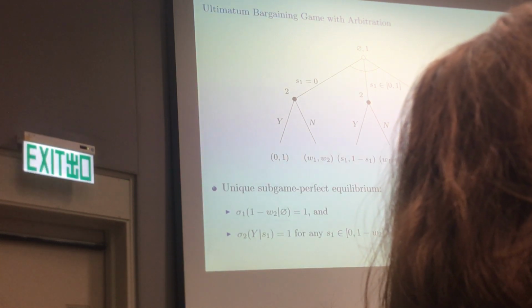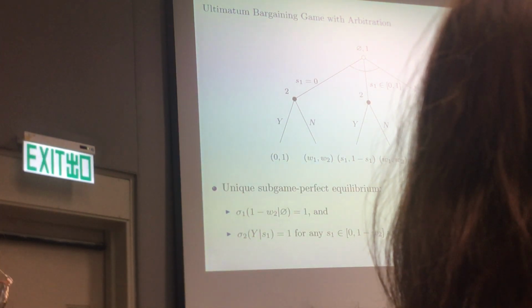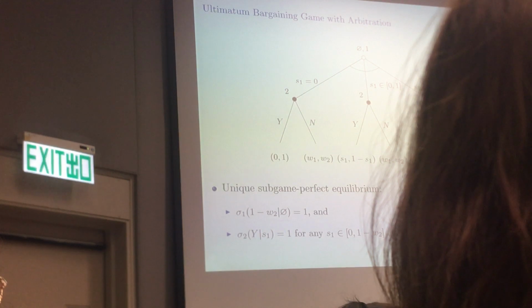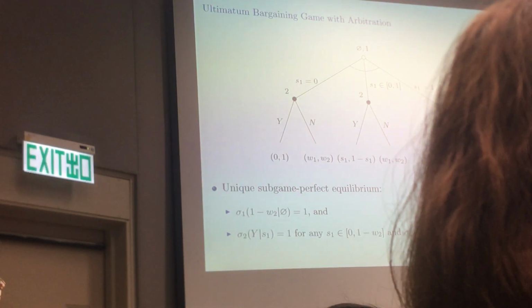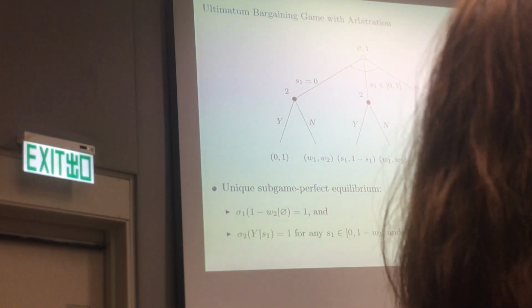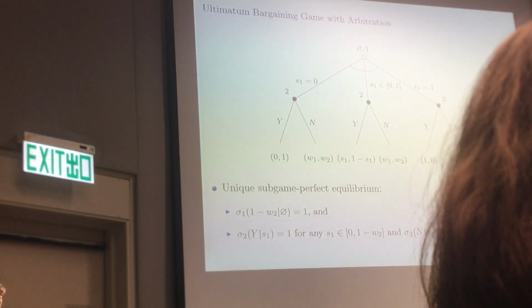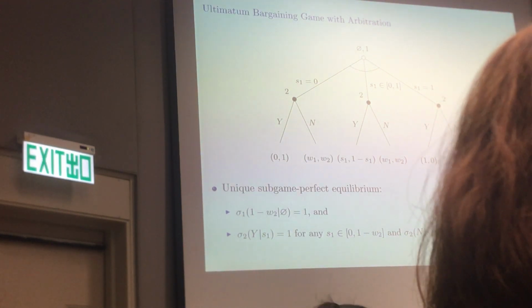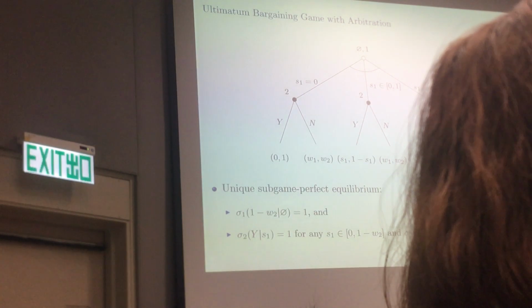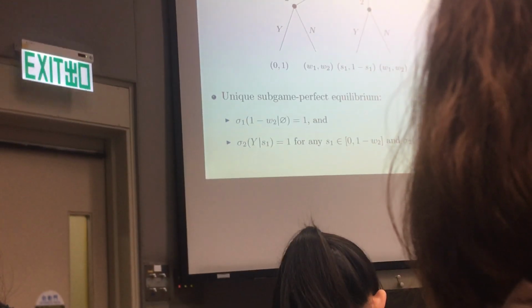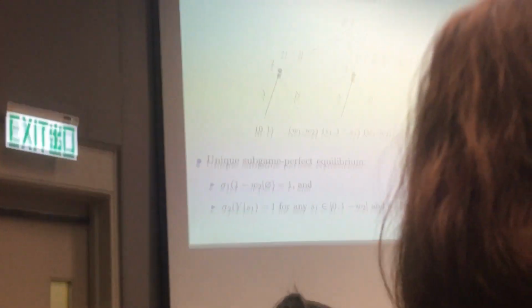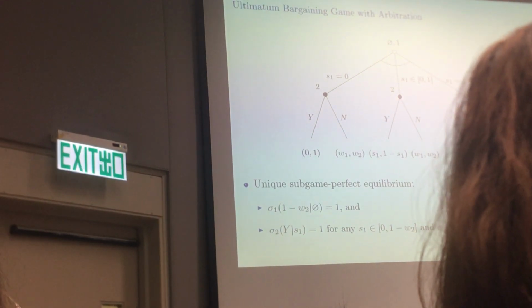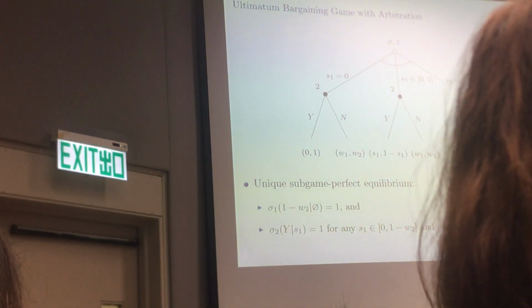Case 1: if S1, remember that S1 is player 1's choice, is smaller than 1 minus W2, this is equivalent to saying that 1 minus S1 is larger than W2.